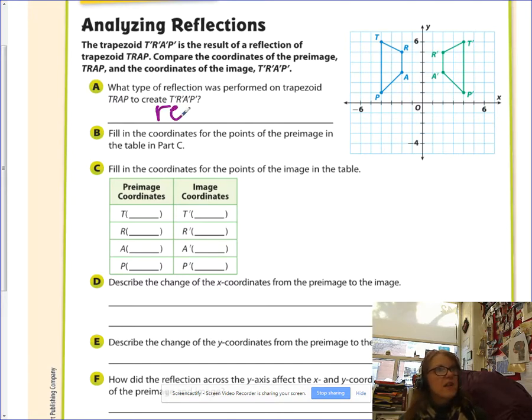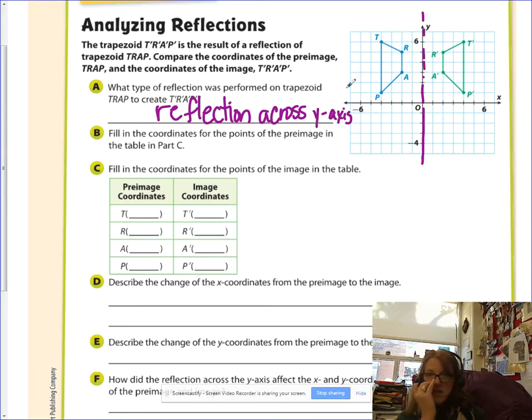This is a reflection because it says what type of reflection. Okay, it's a reflection across what line? If you can find that symmetry line, it's this one, and it's the y-axis. Make sure we put that in there. Now what I want you to do is start peeling off the coordinates of the pre-image. That's this side.